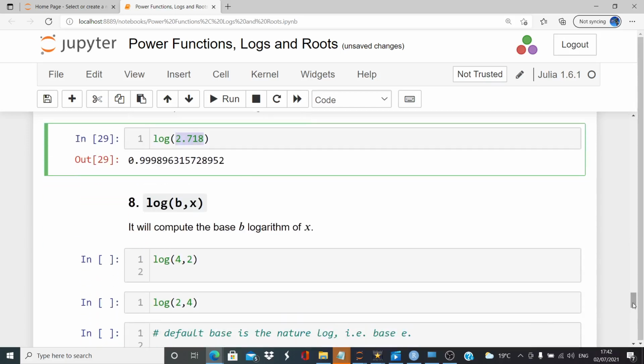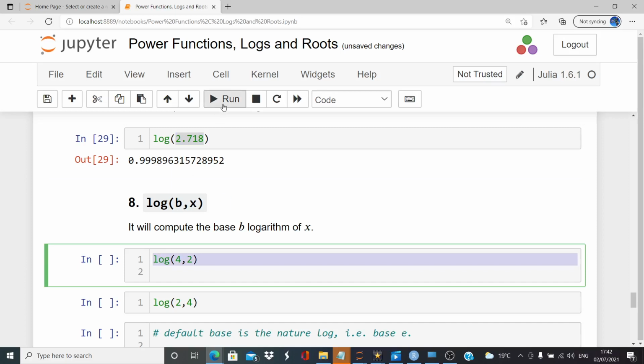So we have log b of x. What happens if you specify two arguments? It assumes that the first one is the base. This is different from other programming languages because, for example, in R, usually the first argument is x, and the second argument is the base b. So just watch out for that.